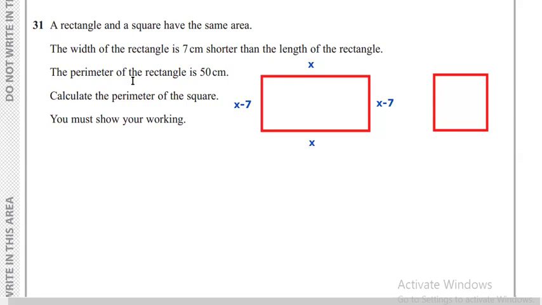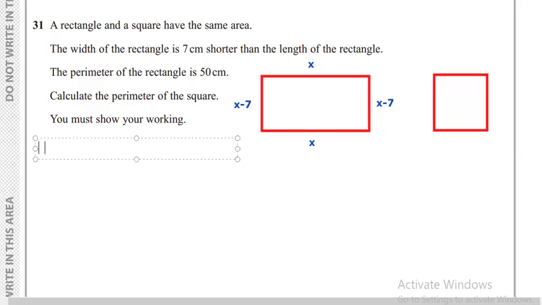What does that mean? It means when you add all the lines together, you will end up with 50 centimeters. This is the meaning of perimeter. Perimeter means adding all the sides together. So this means when you add all of these, you'll end up with 50 centimeters. So I'm going to write them in an equation like this.